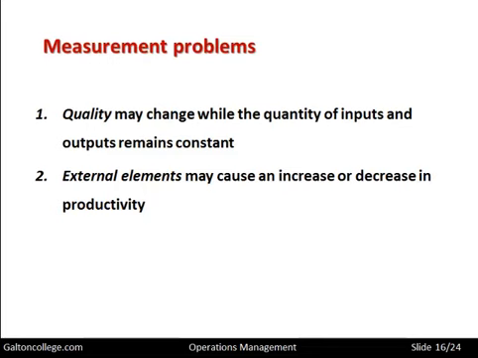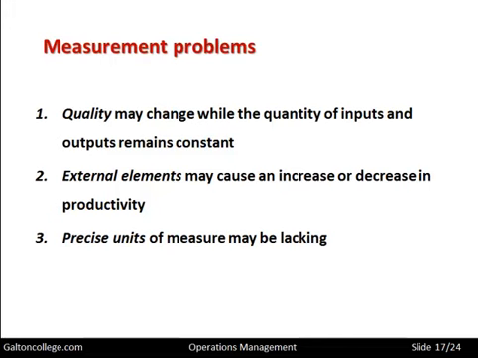It could be there's better health facilities in the country, so people are away from work less, or people can work harder when they're at work or apply themselves more effectively. These are external factors. These are not within the control of the business. So the business may boast about having higher productivity, but that may in fact be caused by something outside of the business.